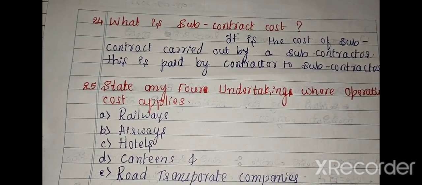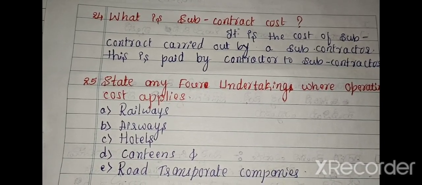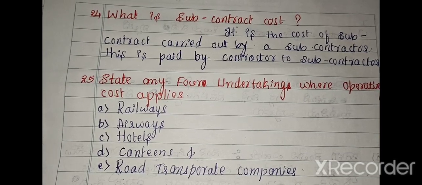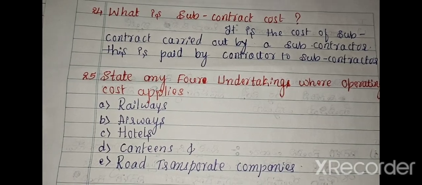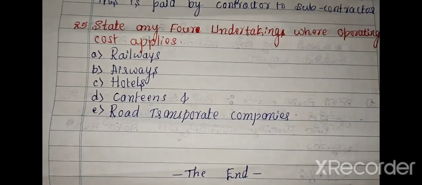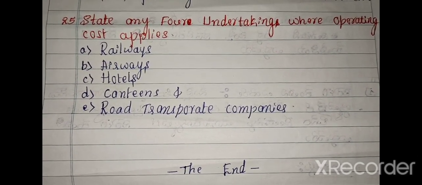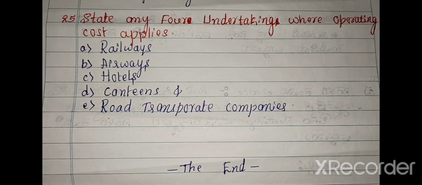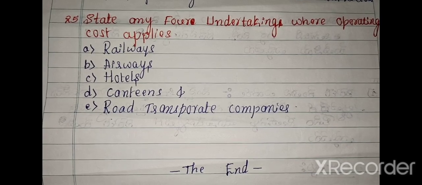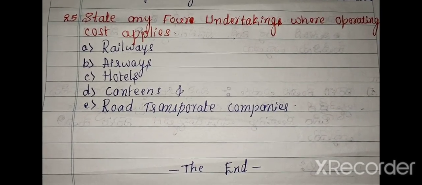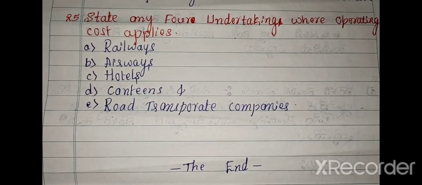It is the cost of subcontract carried out by a subcontractor. This is paid by the contractor to the subcontractor. It is called subcontract cost. And last question, question number 25. State any four undertakings where operating costing applies. That is, railways, airways, hotels, canteens and road transport companies.